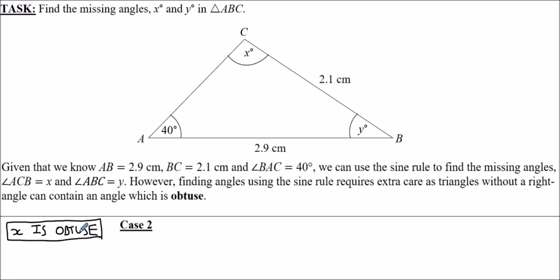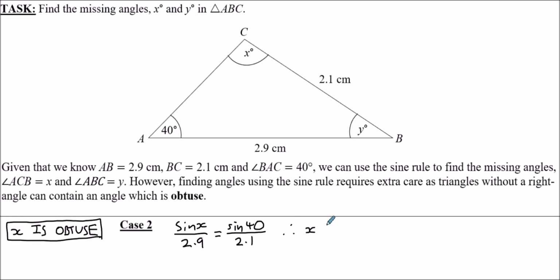So let's just consider case 2, x is obtuse, and start it out in the same way. What we had was sine x over 2.9 equals sine 40 over 2.1. Rearrange this.